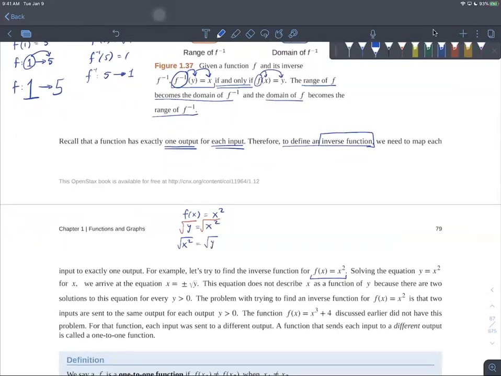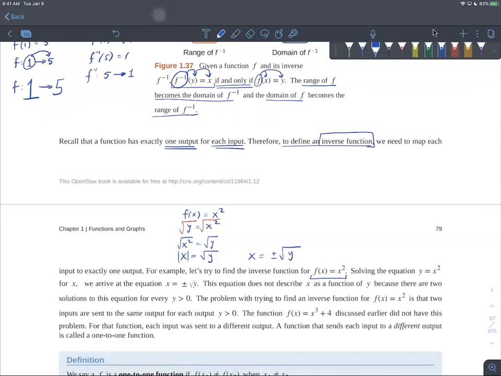It turns out that the square root of x squared is equal to the absolute value of x, and this is equal to the square root of y. So x is equal to plus or minus the square root of y.